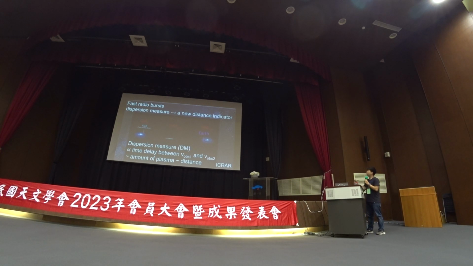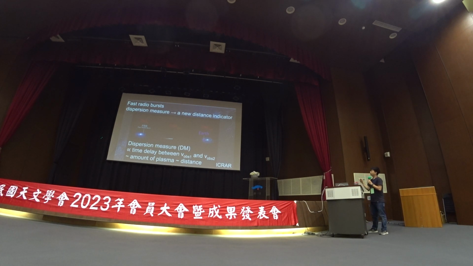We always separate DM into 3 parts. One is nearby Earth, the Milky Way; we call it DM Milky Way. Another is nearby the FRB source, the host galaxy; we call it DM host.